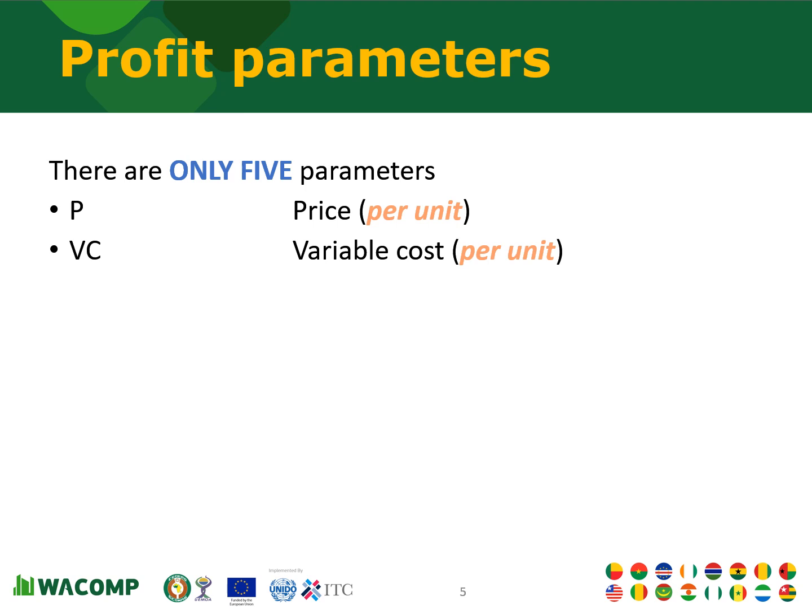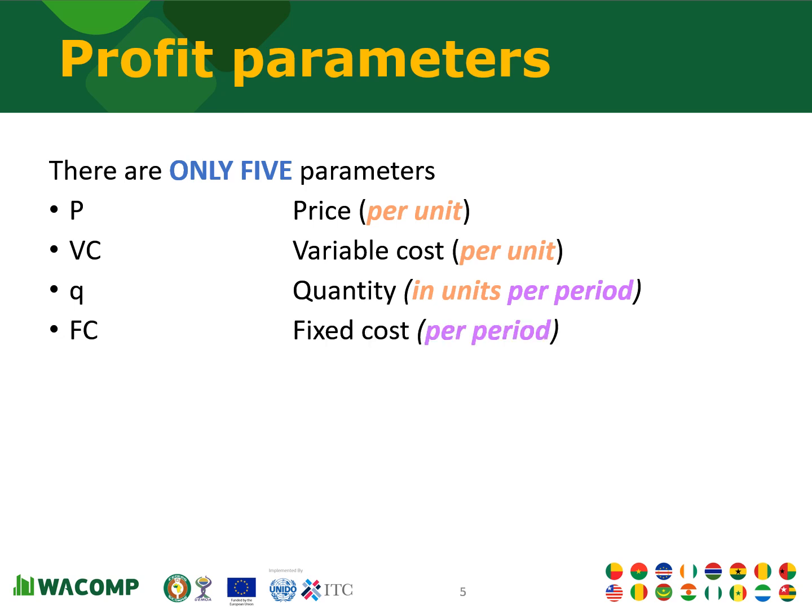Again, VC is always expressed per unit. VC per kilogram, per liter, per bottle, per bag, and so on. The third parameter is Q, the quantity sold, and it is expressed in units per period. Tons sold per month, the number of bags sold per year, kilogram of gari sold per day.